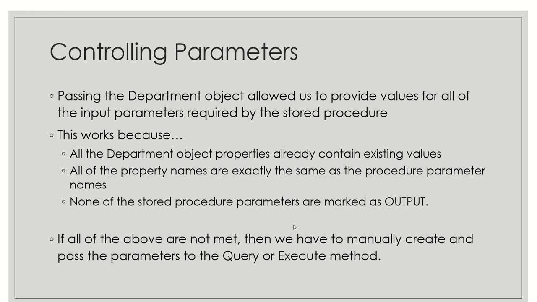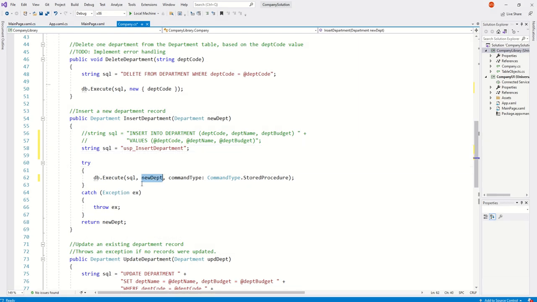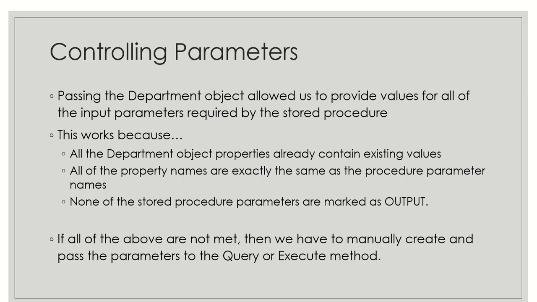But if all of the above conditions can't be met, then we have to manually create and pass the parameters to the query or the execute method. So what that means is if we have any anomalies or differences in the types or the values or the names of the parameters, then we have to do a little bit of extra work rather than just simply passing a matching object. So to demonstrate this, we're going to look at inserting an employee.